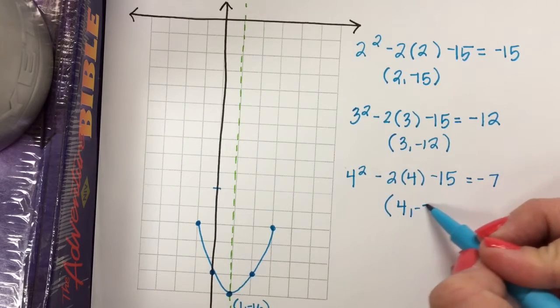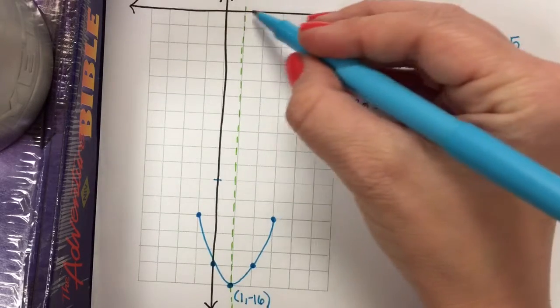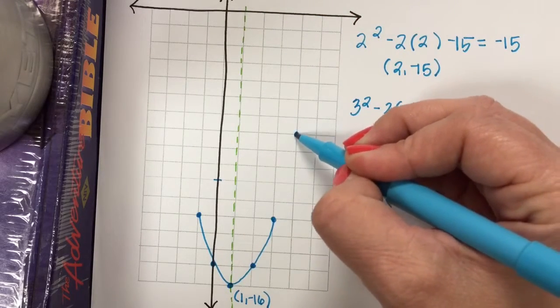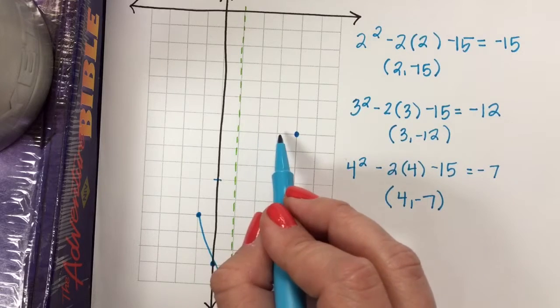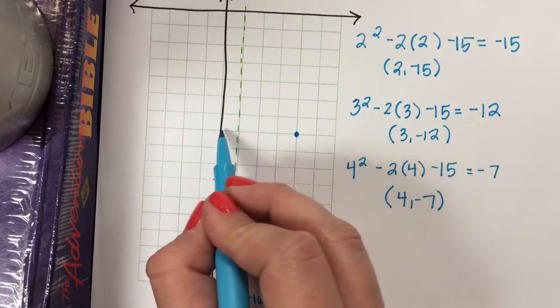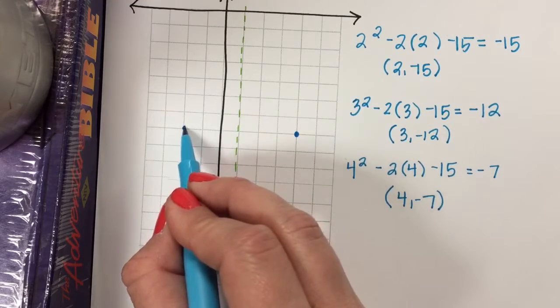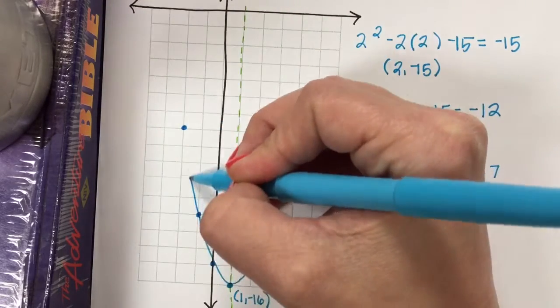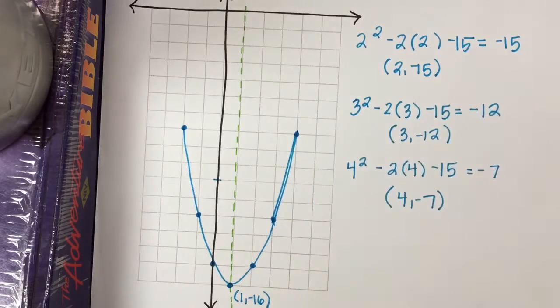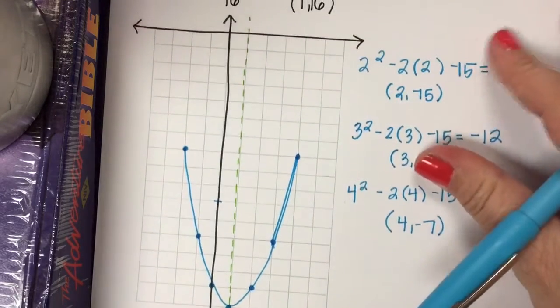So 4, negative 7. Again, I'm 3 spaces to the right of my axis of symmetry, so I can go 3 spaces to the left. My parabola is growing, but it's not at the x-axis yet.